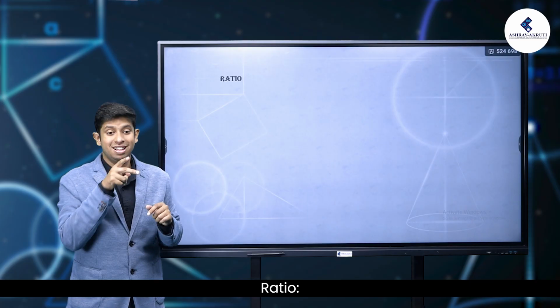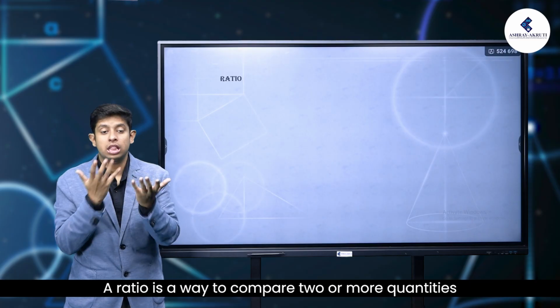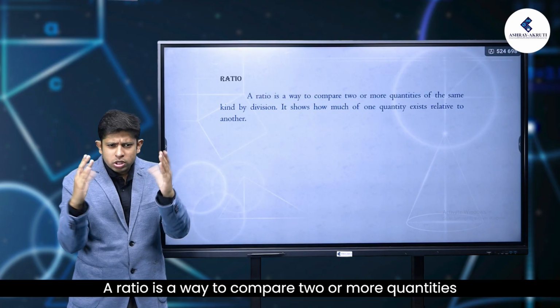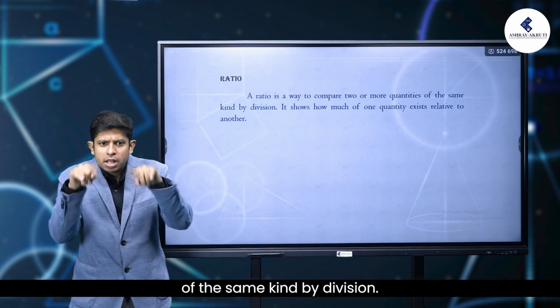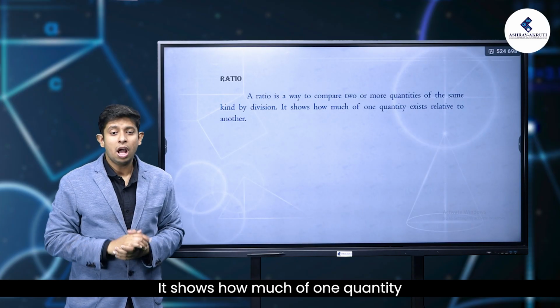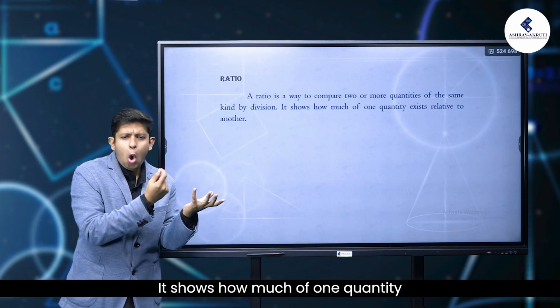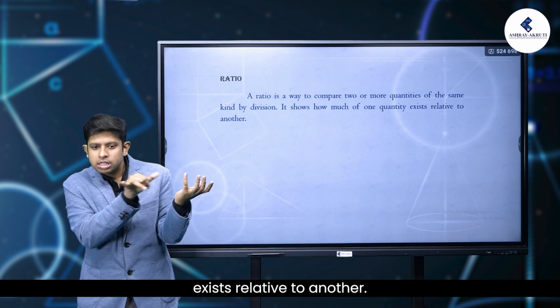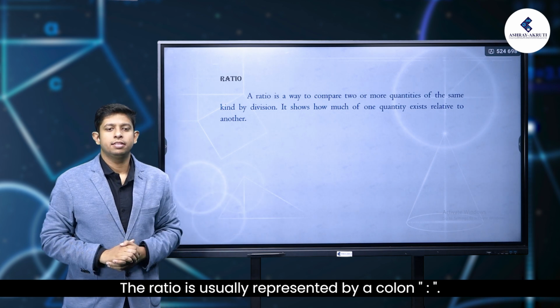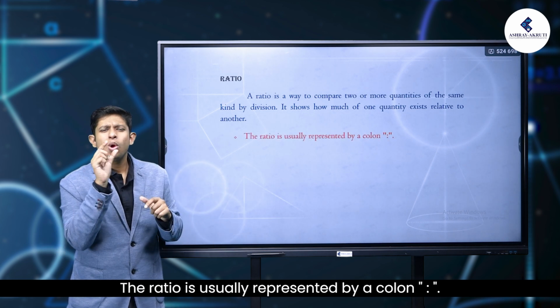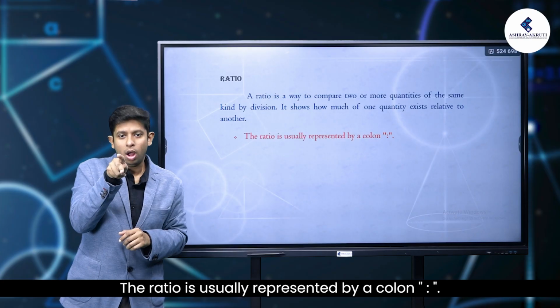Ratio. A ratio is a way to compare two or more quantities of the same kind by division. It shows how much of one quantity exists relative to another. The ratio is usually represented by a colon.